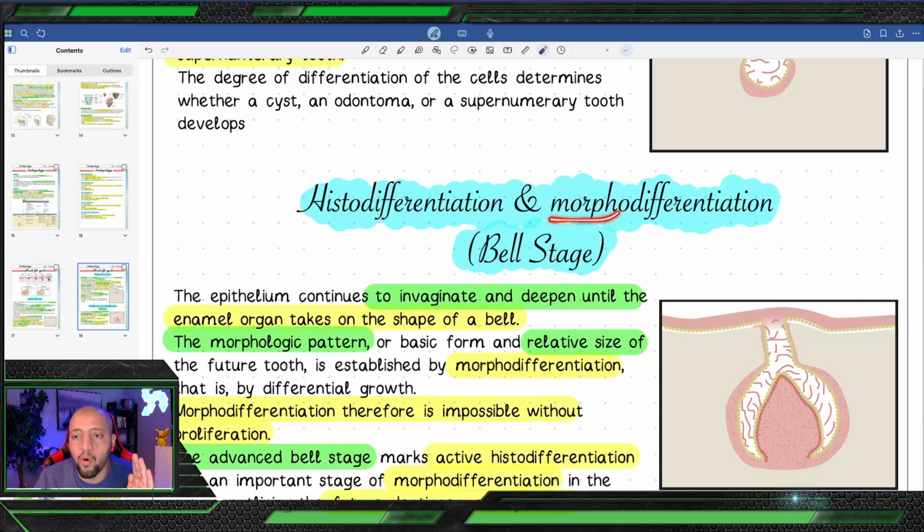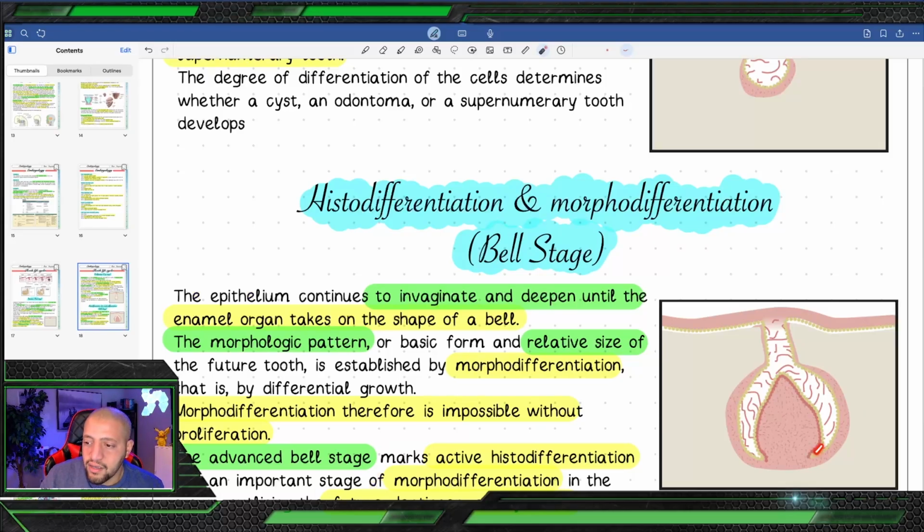So which is going to happen first? Histodifferentiation, because we have undifferentiated cells that are histologically differentiated to become outer enamel epithelium or whatever, and this will then come in different shapes, which is morphodifferentiation, to end up with the formation of enamel, dentin, cementum, and everything.